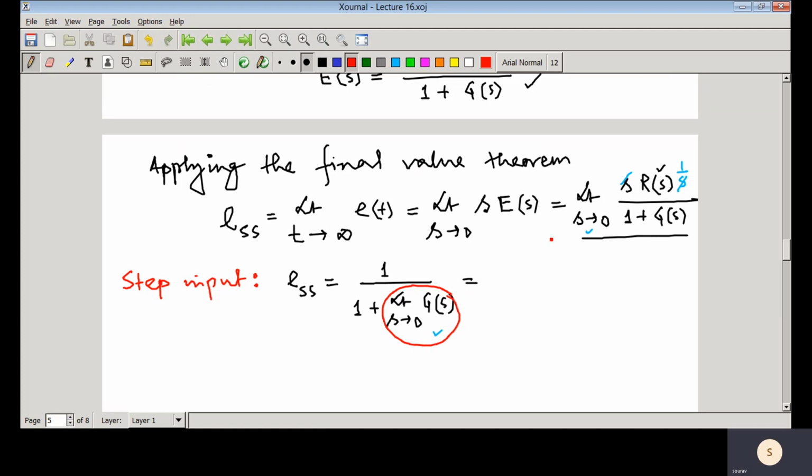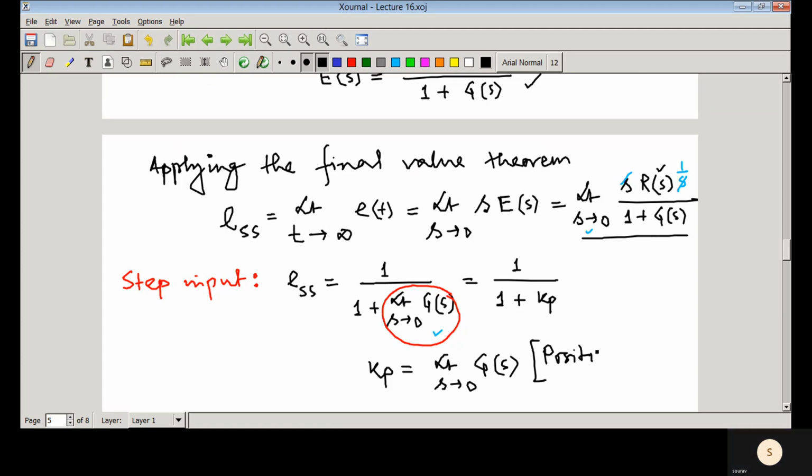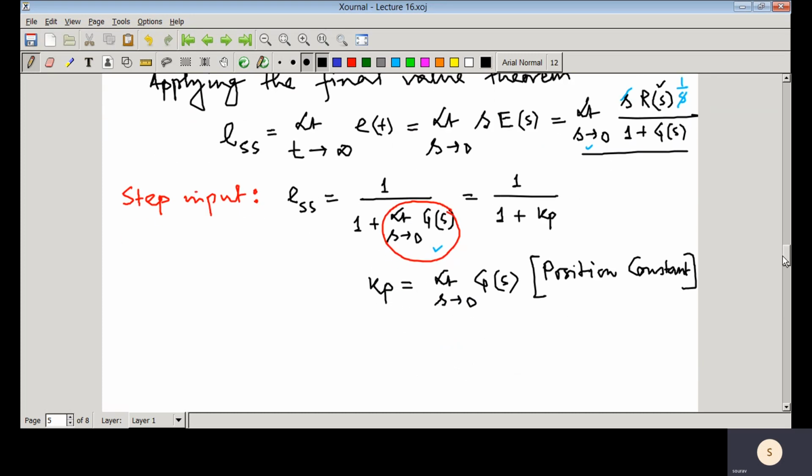So then we are defining this particular term as Kp. That means here we can write 1 plus Kp. So here Kp is defined as limit s tends to 0 G(s). This particular term is called position constant.